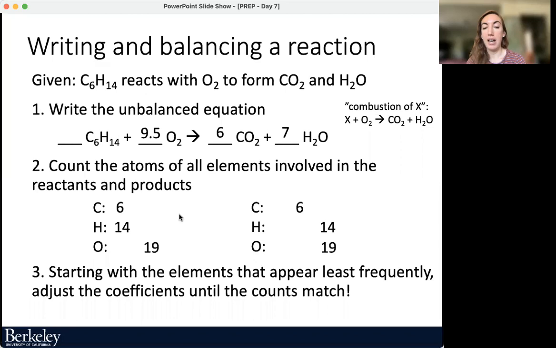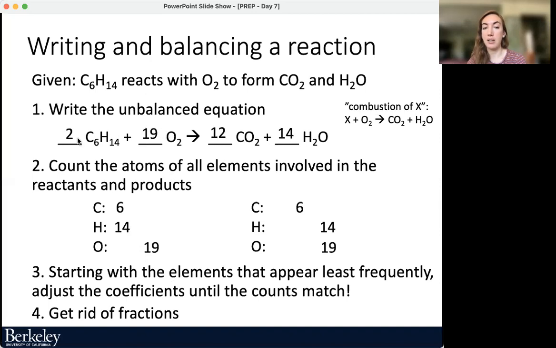So now I have 6 carbons, 14 hydrogens, and 19 oxygens on each side. And my last step is to get rid of fractions. I can't have half an O2 molecule. So I'm going to multiply all of the coefficients by 2 so that this fraction goes away.